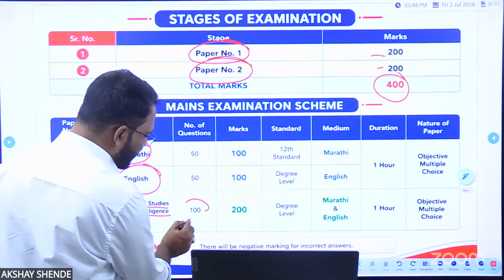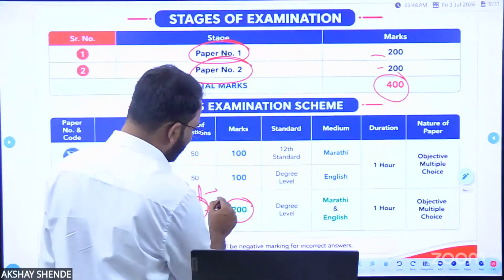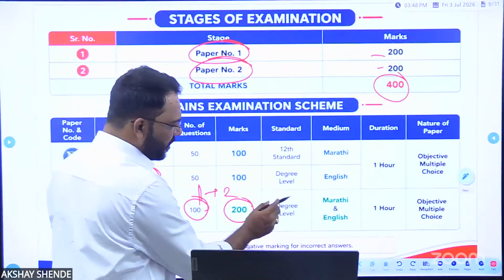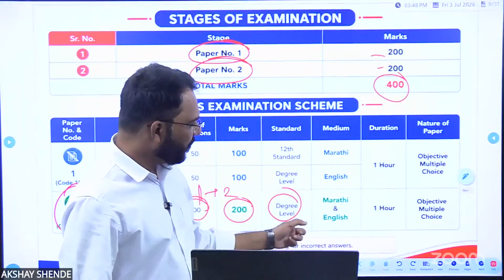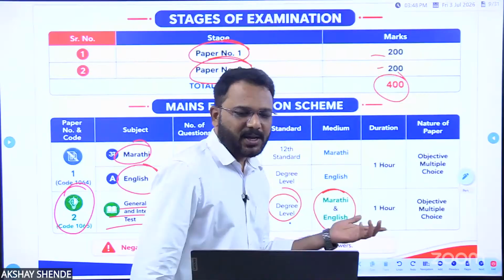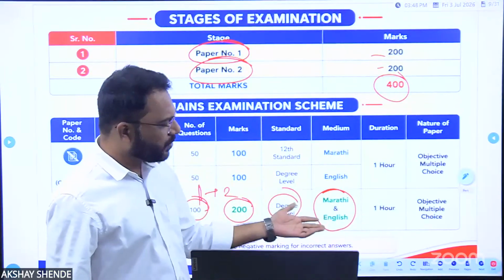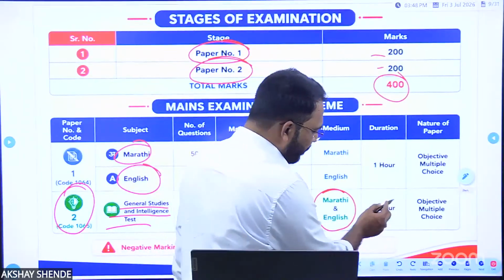Number of questions asked is 100, for 200 marks, meaning each question carries 2 marks. The level is degree level, and the questions would be asked in Marathi as well as in English. So Rutuja, the mains is also in English as well as in Marathi.